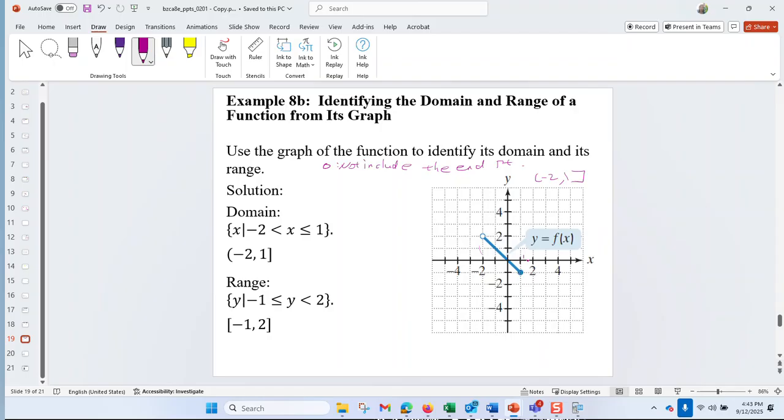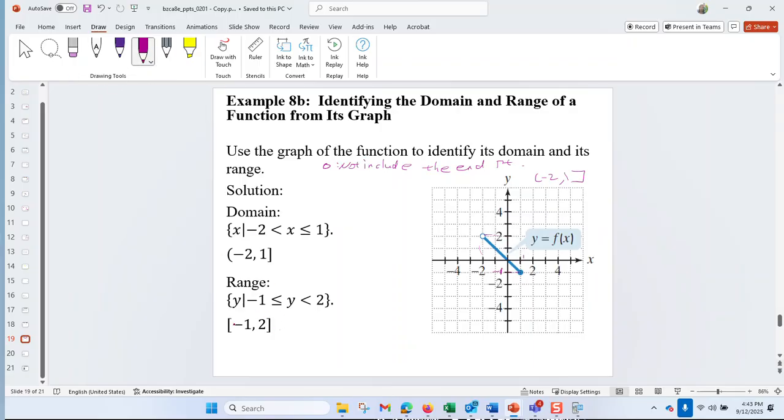All right, similarly, y is going to be from -1 all the way to 2. And same thing, this doesn't include 2, so this actually is wrong.